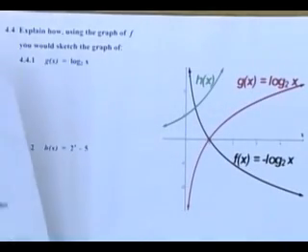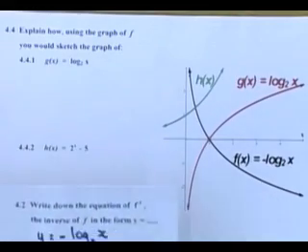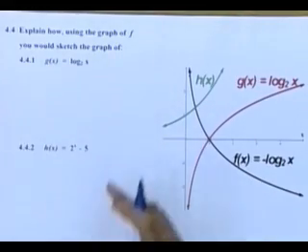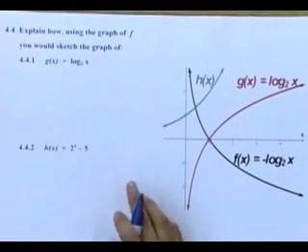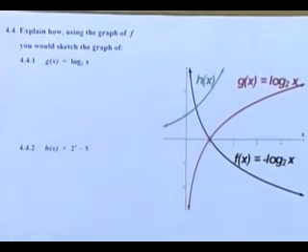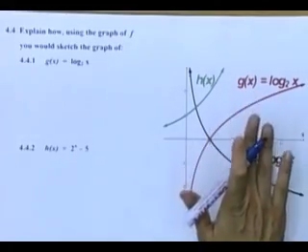Then the last question on this is they ask you, explain how using the graph of f you would sketch the graph. Remember, they don't ask you to sketch it. Okay, what I did over here for better understanding is I'm giving you the answer here. Maybe if you look at the answer, you'll be able to give it to me in words.